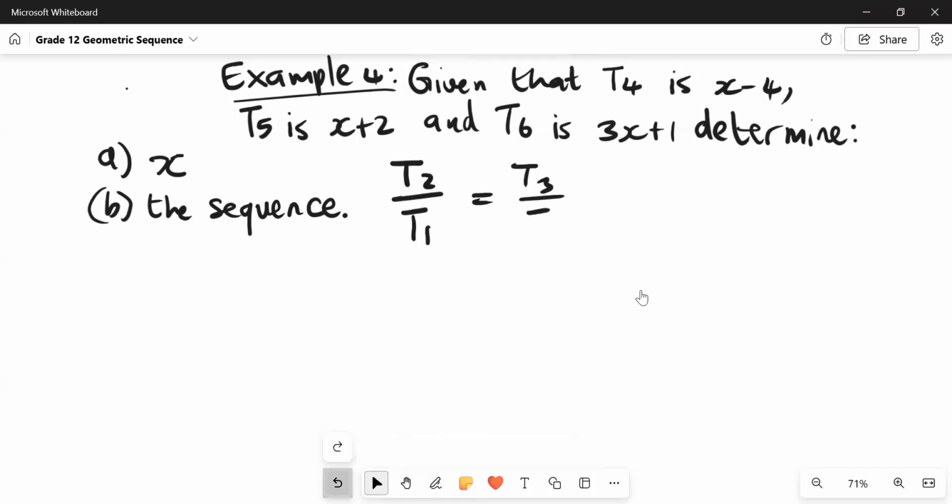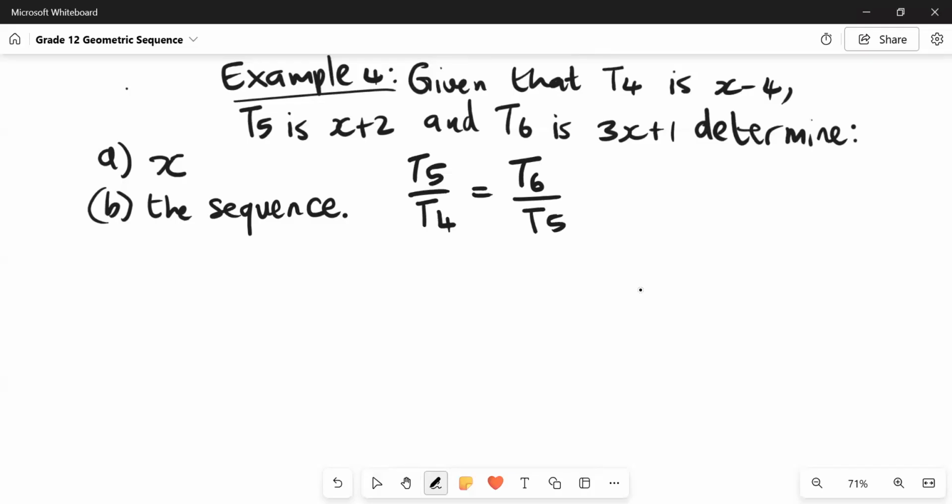But in this case, we have to use T5 divided by T4, and then T6 divided by T5, because we're given T4, T5, and T6.